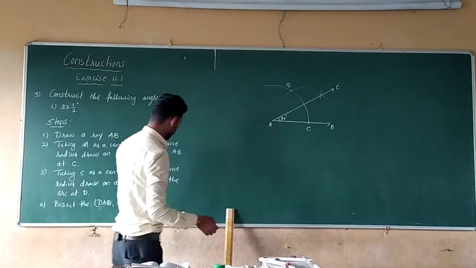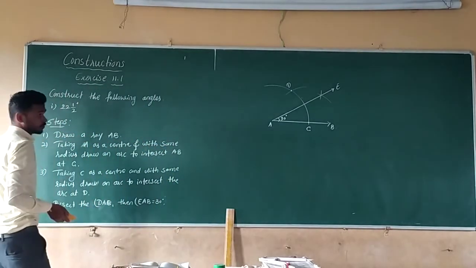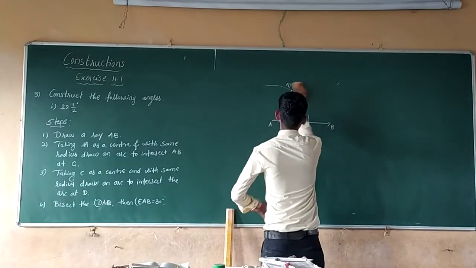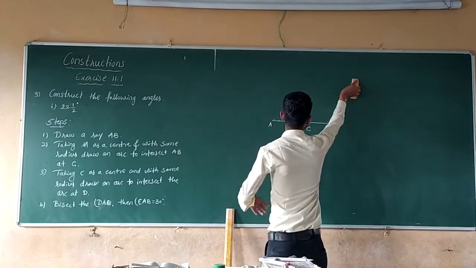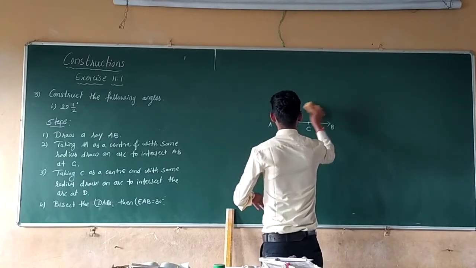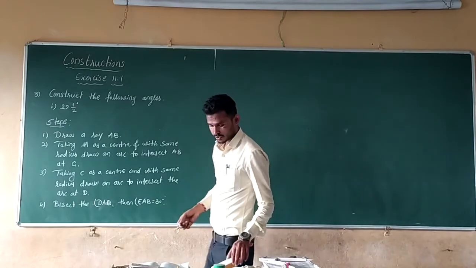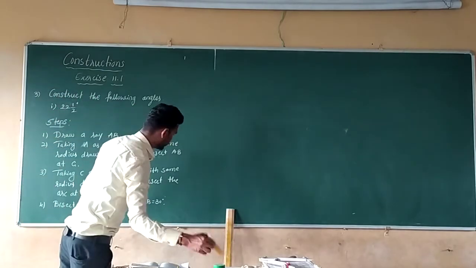So let us see here. Same procedure. Draw a ray AB. First you should construct 90 degrees here. Already you know the steps of construction of 90 degrees. I will directly write here now.